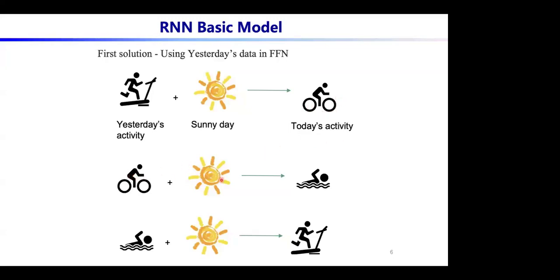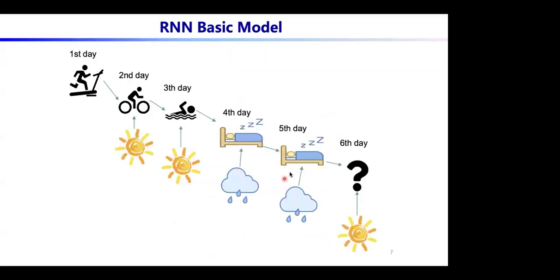If it is bicycling plus sunny, we may decide swimming. If it is swimming plus sunny, then it is running. So we have this kind of scenario.